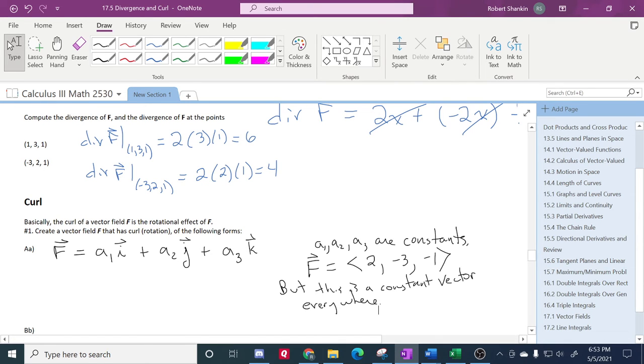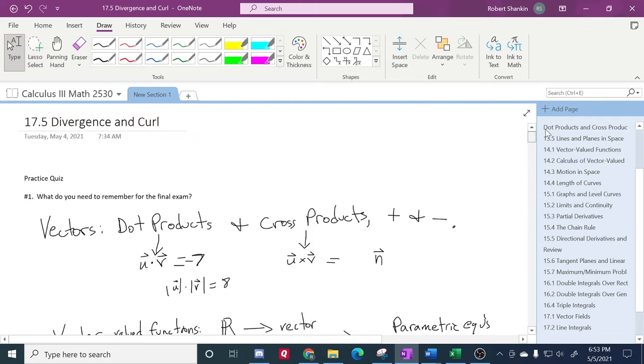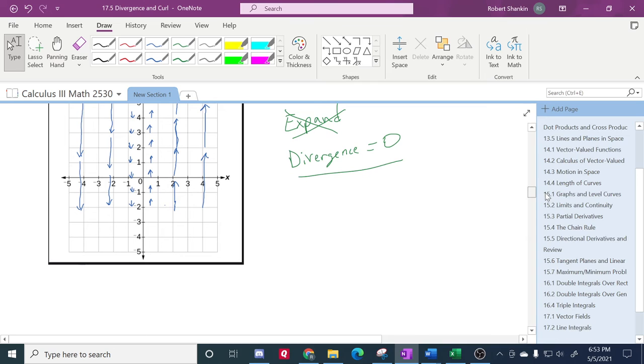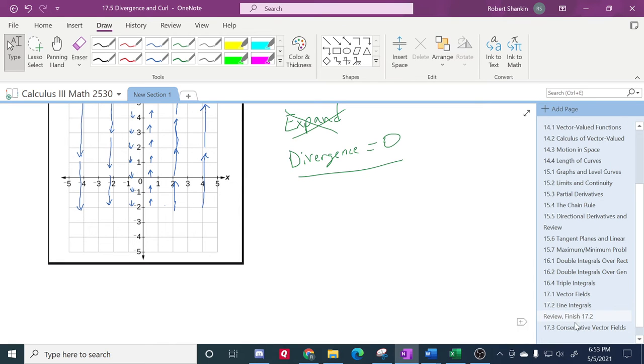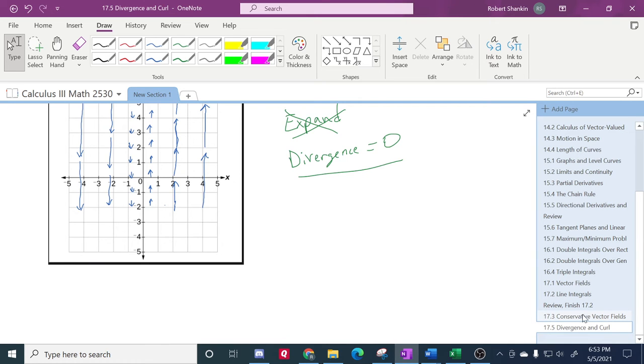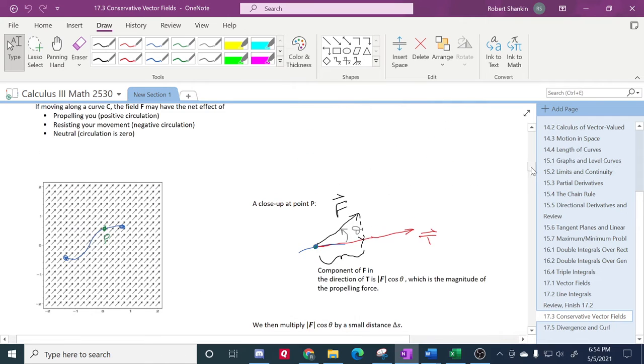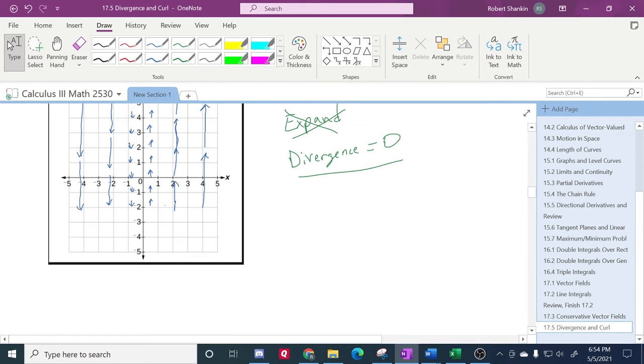If it's a constant vector everywhere, I think we had pictures of that. It's constant everywhere, but it's in 3 space, but it's still the same essential picture as this. And so it'll have no rotational effect.